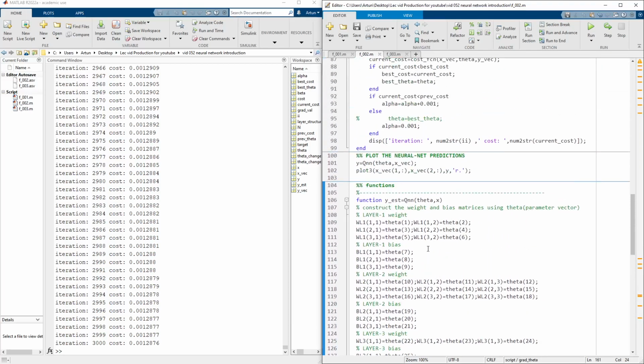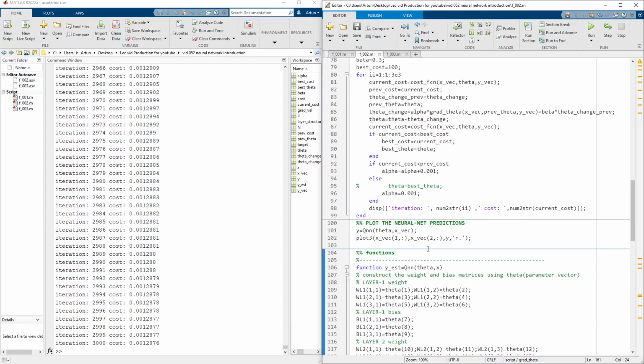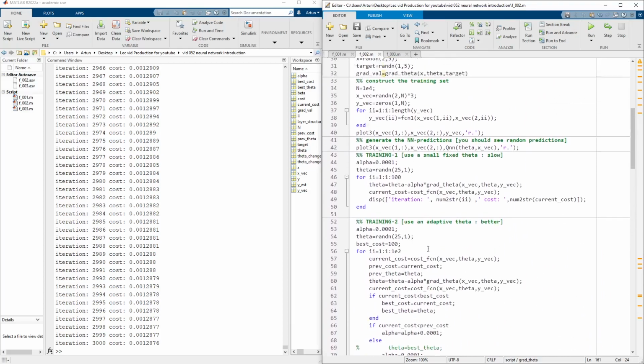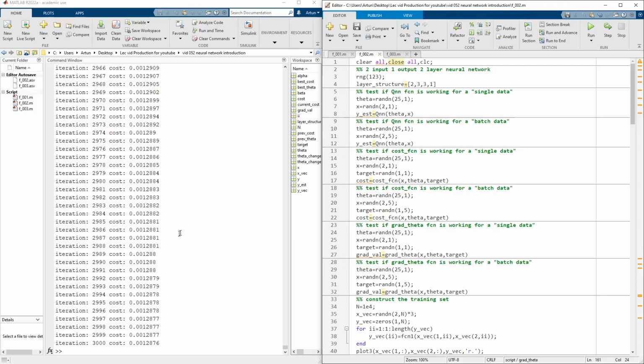All right, so now we are aware of those functions. We can look at the main code. Here we can see the main code. This is 2 inputs, 1 output, and 2 hidden layers. So it is a 2 hidden layer neural network, but we have 3 layers in total, and the final layer is the output layer.